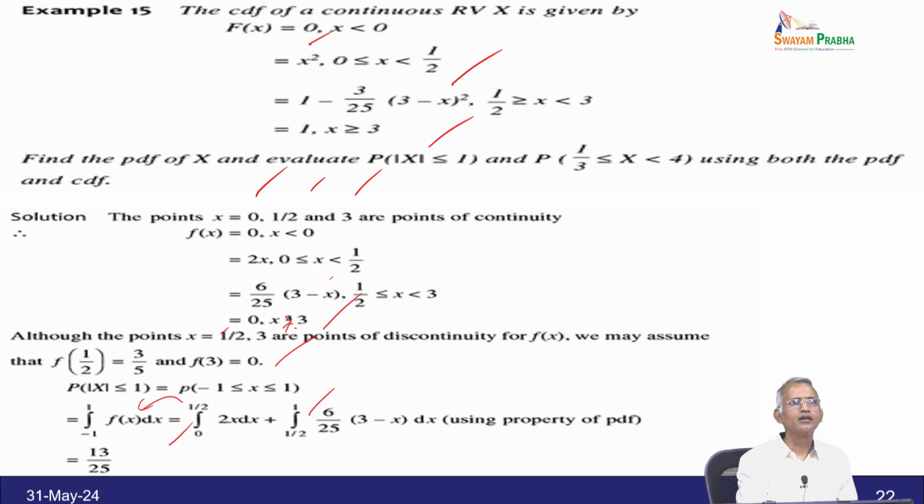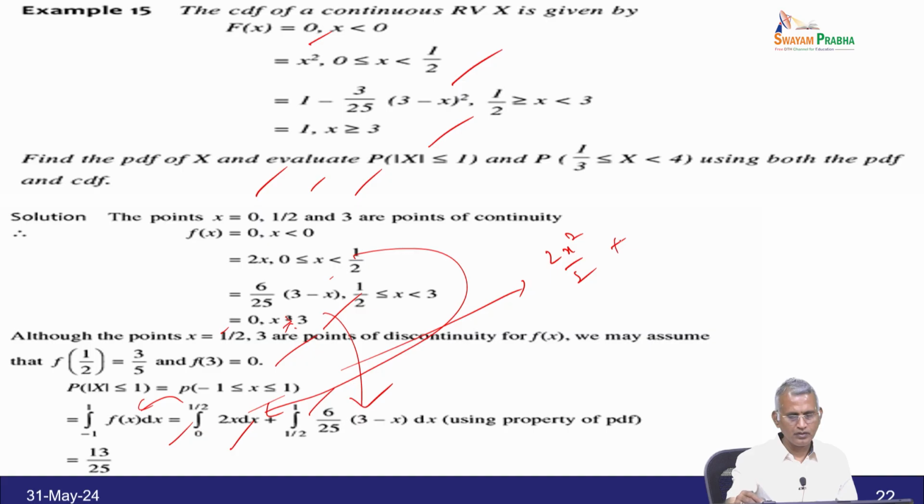For 0 to half, the corresponding density is 2x, and for half to 1, it is 6 by 25 into 3 minus x. Substituting these and integrating the probability density function, we have 2 into x square by 2 over the limit 0 to half, and 6 by 25 into 3x minus x square by 2 over the limit half to 1.